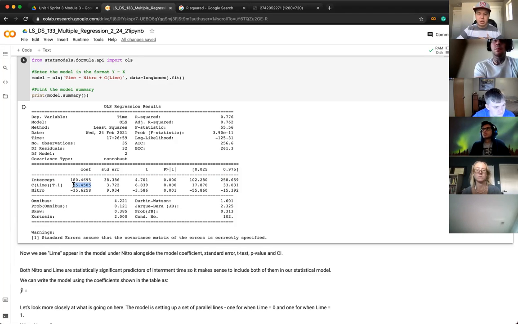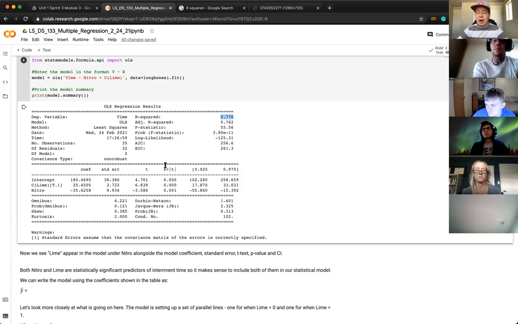Okay. We also see that our p-value here is 0. It says that lime definitely is related to interment time. Okay, and we see that our r squared has gone up. Okay, it has gone up by quite a lot, actually. This is a pretty big jump, and even this r squared is decent with just these two variables.